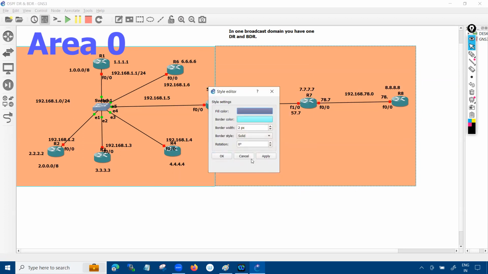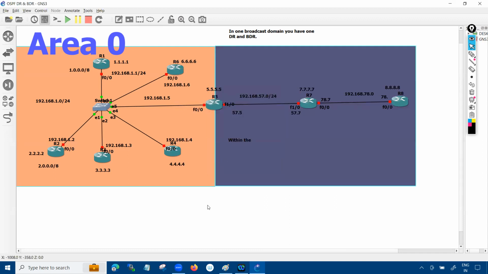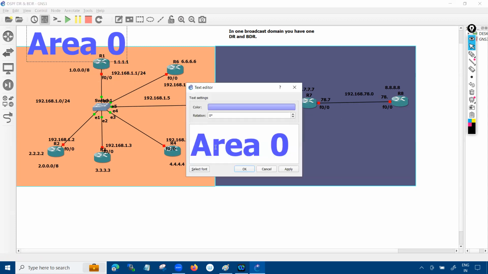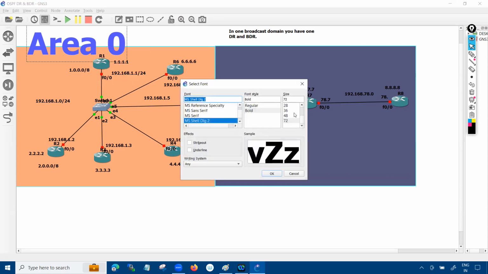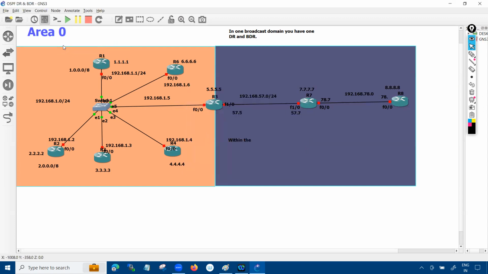Okay, perfect, right? And I'll call this guy, let me text edit, and I'll say this guy should be 28 is fine, right? Okay. So this is the area 0 we have, and this guy goes with area number 1. Right. So all good, right?